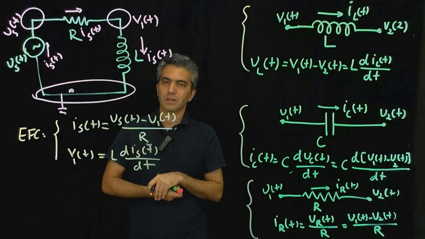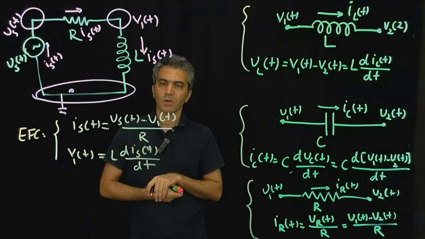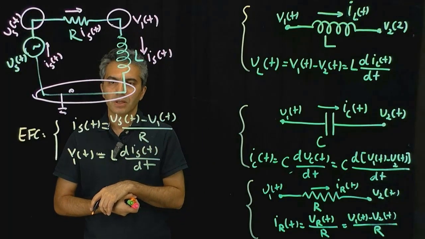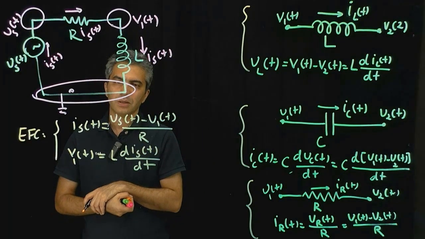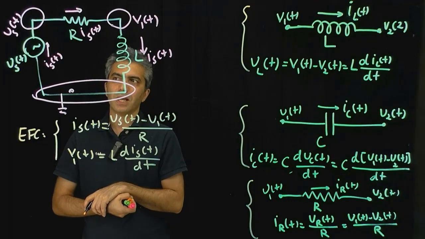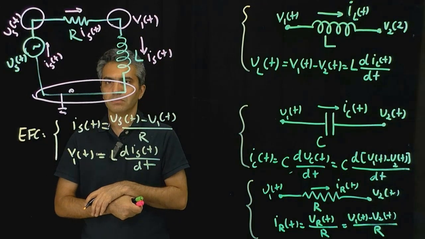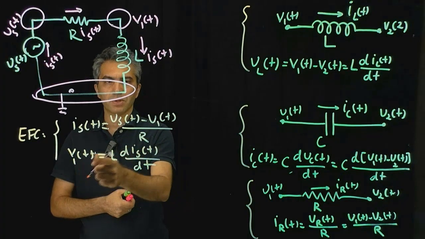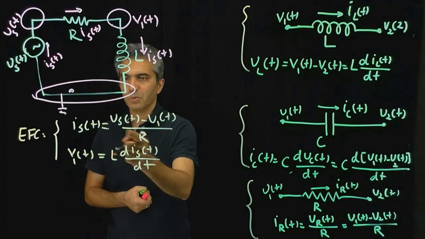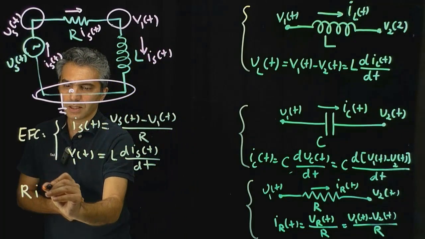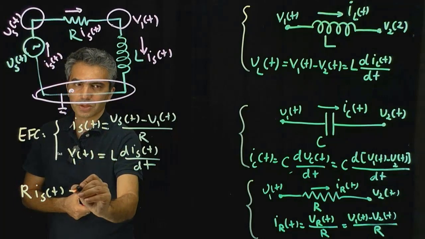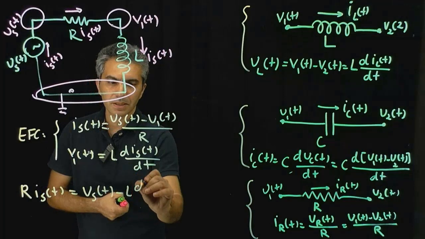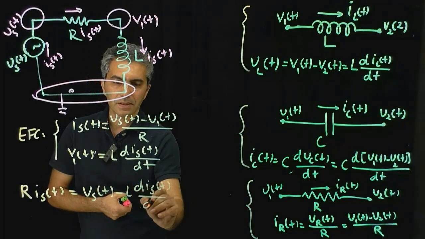And that's it. Now I can start doing the math in order to find an equation that would include only one unknown. And once I have that, then I'm done. Okay, so this is really simple. Obviously, I take V1(t) from this equation, put it there, and move things around. So R IS(t) is equal to VS(t) minus L dIS(t)/dt.